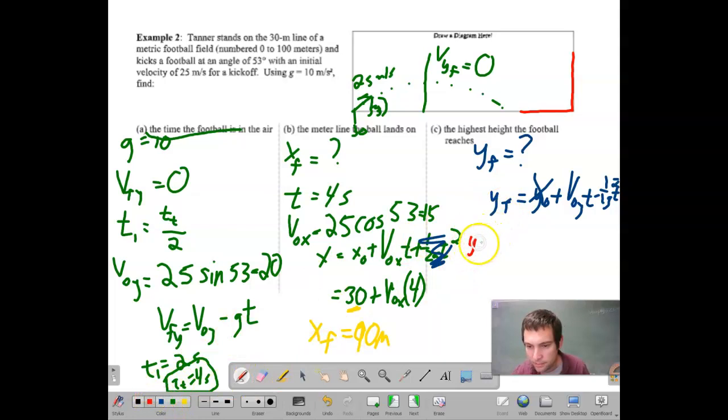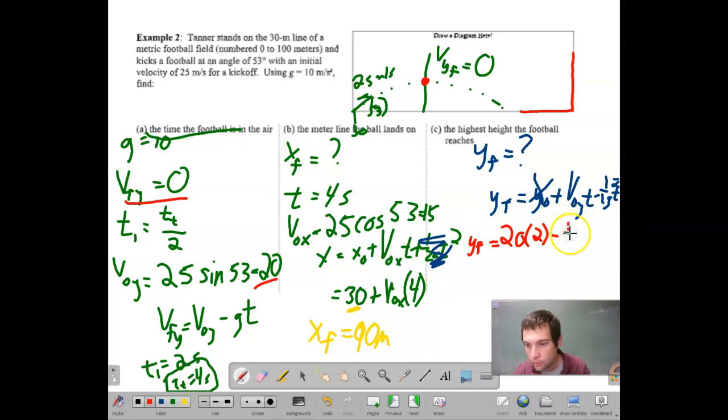Move all of this. I might erase something. Let's see. The initial velocity in the y direction we found over here to be 20. And the time, what time are we going to be using? If we're finding the maximum height, that happens right here, so we're going to use only half of the time. So we'll use the 2.